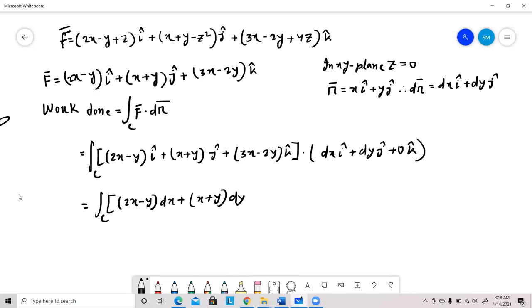The third term vanishes since it is multiplied by 0. So we got this integral. Now we have to evaluate this integral.